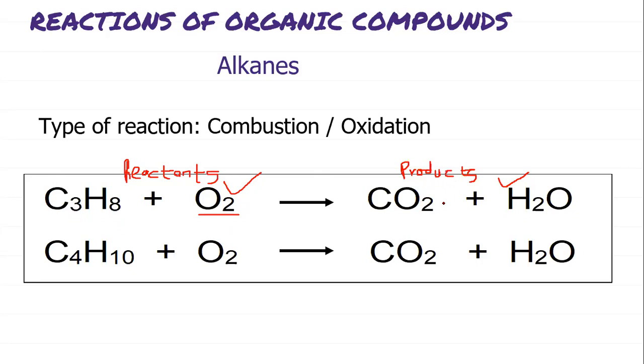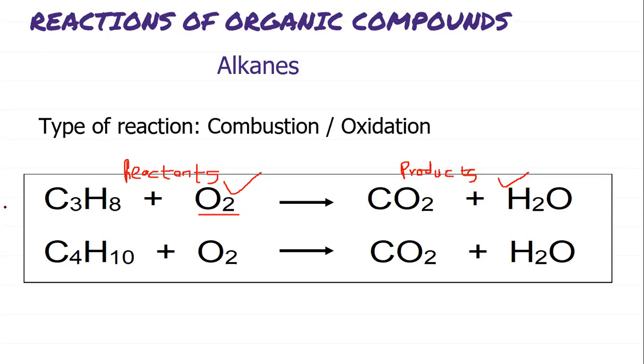Now, to make the balancing easy for yourself, firstly, go and balance the number of carbons. In other words, make sure that the number of carbons on the left is equal to the number of carbons on the right. After you balance the carbons, then you balance the hydrogens, making the number of hydrogens on the left equal to the number on the right.